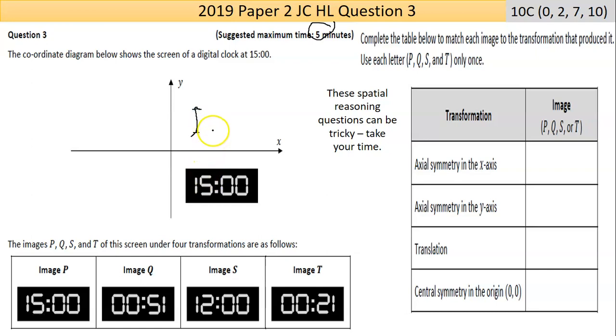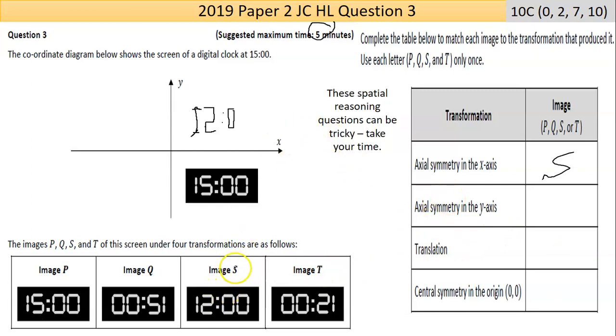If you can imagine the 5, the line would end up on the same point, and the zeros won't look different. Now if you can imagine that, it looks like S. I have the answer here.